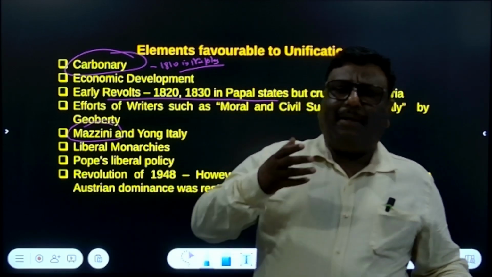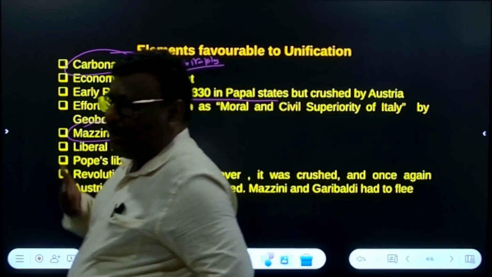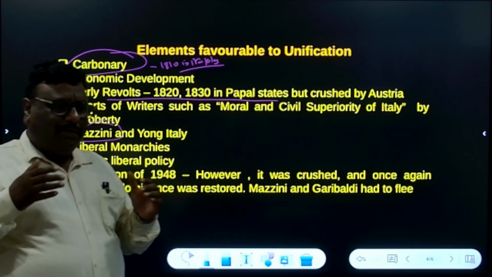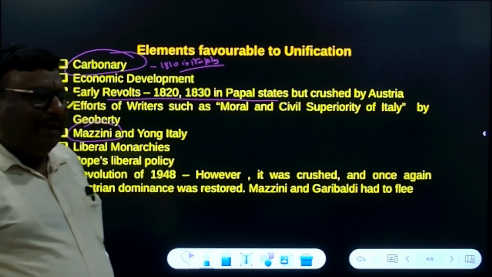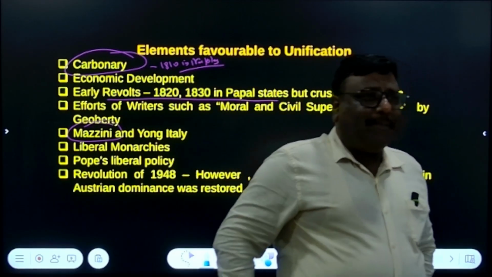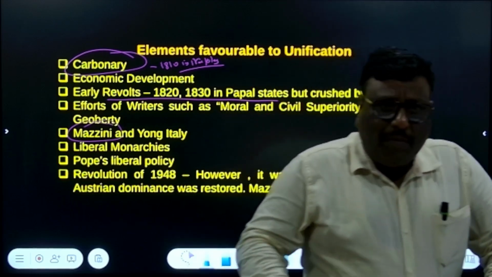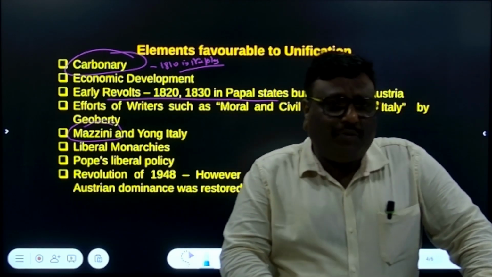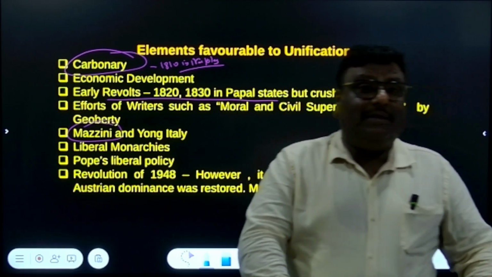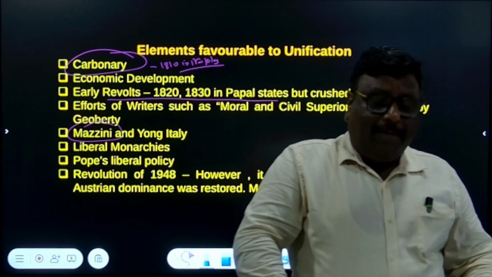In Young Italy, the glorification of Italian culture was explained very well. In Young Italy, it was appealed that all the people of Italy should come together and raise their voice in favor of unification.